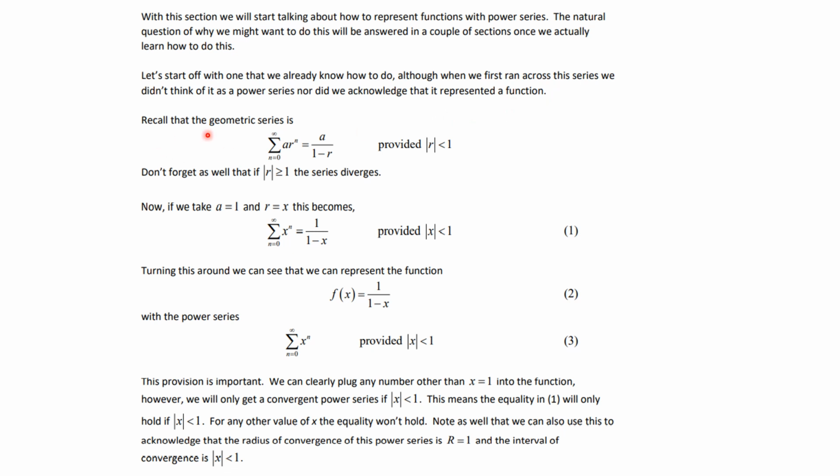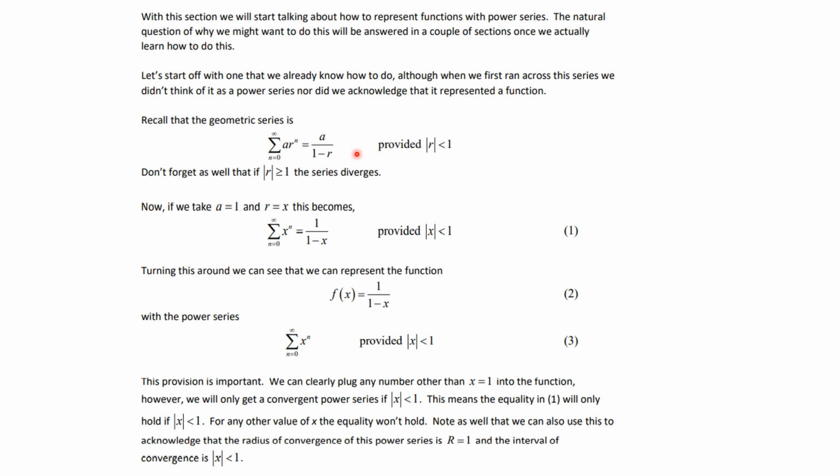So recall that the geometric series is the summation n equals 0 to infinity a times r to the nth power, and that is equal to a over 1 minus r, provided that the absolute value of r is less than 1. Also, don't forget that if the absolute value of r is greater than or equal to 1, the series diverges.